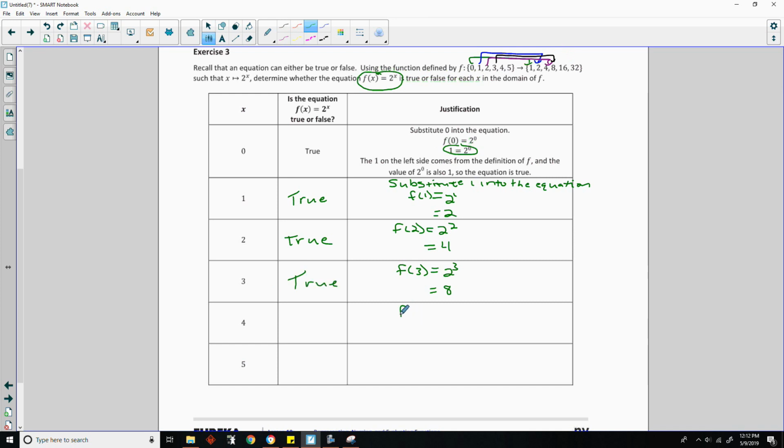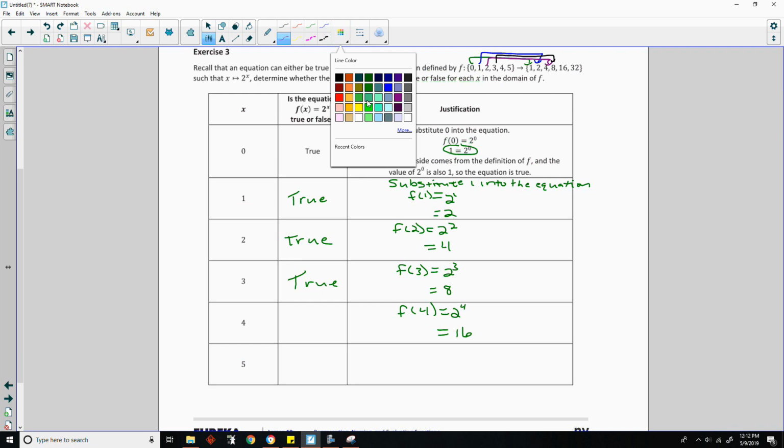And we continue. Substituting 4 into this equation, we get f of 4 equals 2 to the 4th power, which equals 2 times 2 times 2 times 2, which is 16. And when I look up at my mapping, 4 got mapped to 16.